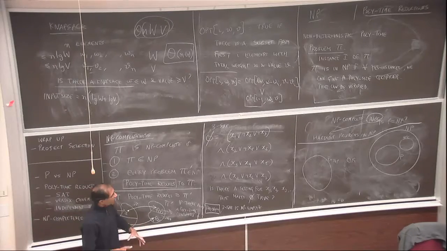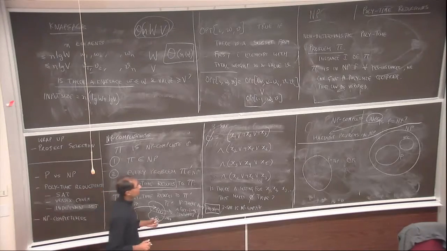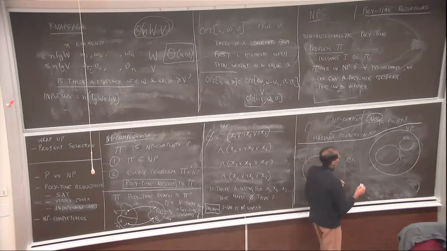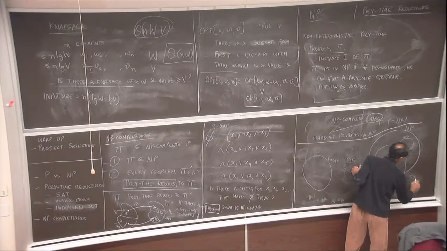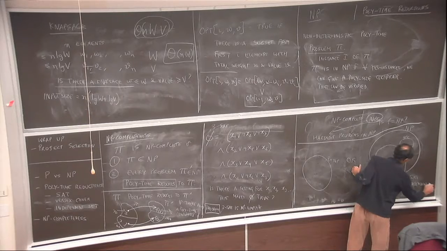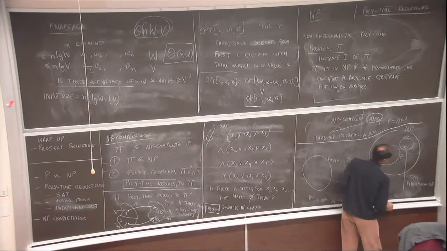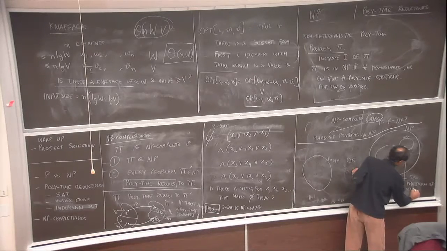So you can show that SAT reduces to independent set. So I'll just mention examples of problems that are here. Satisfiability, independent set, vertex cover.